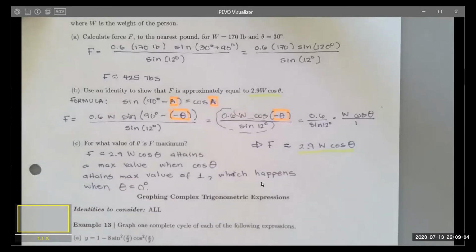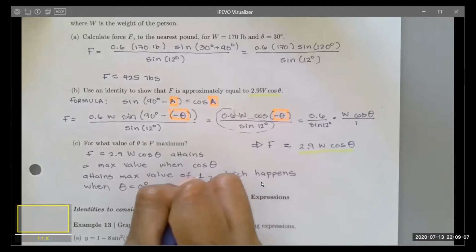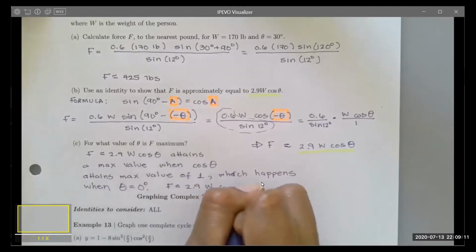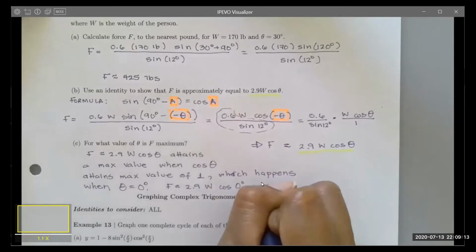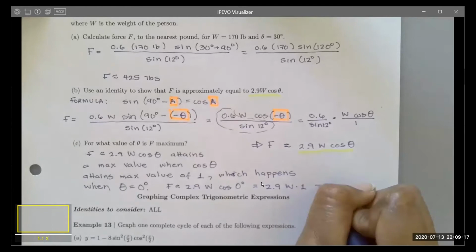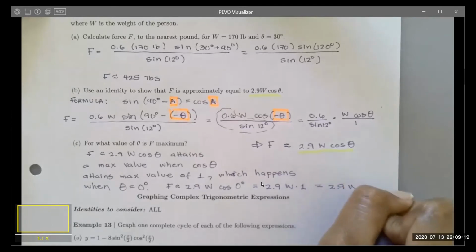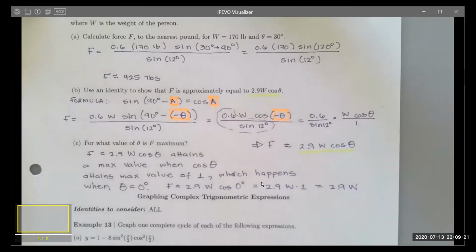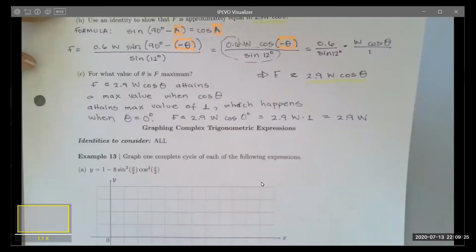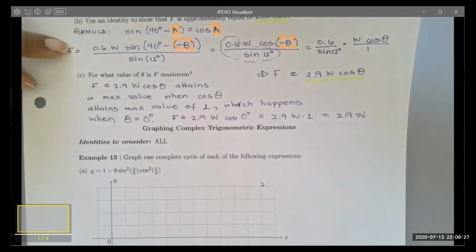So at that point, we're going to have F is approximately 2.9 W times cosine of 0 degrees, which gives us 2.9 W times 1, which is just 2.9 W. So approximately there's 3 times your weight worth of force that your back muscles are undergoing.